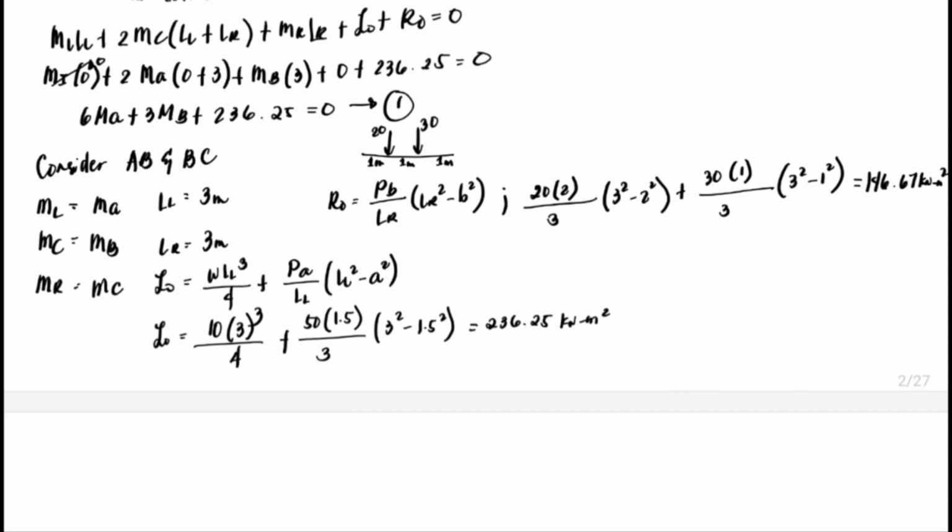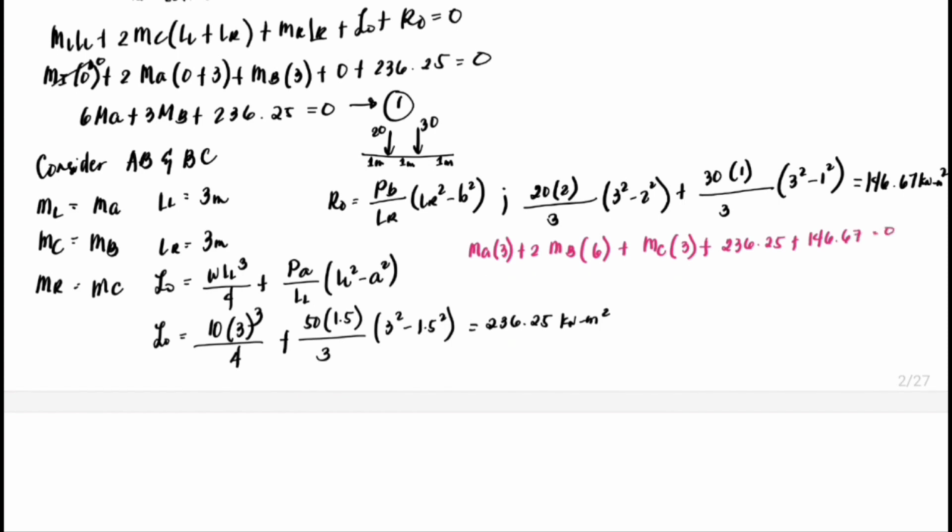So, we have our left and right. So, dito ko na lang po ilagay. We have MA multiplied by 3 plus twice ng ating MB, ayan, plus 3 plus 3 is 6, plus ating M right, which is C multiplied by 3, plus our load factor 236.25, plus natin yung 146.67 equal to 0.